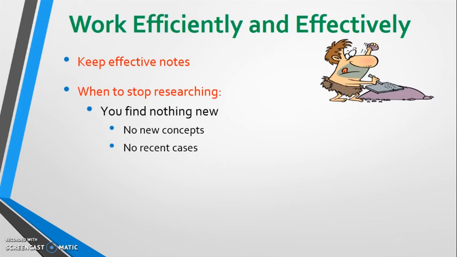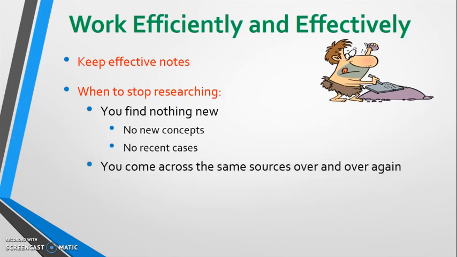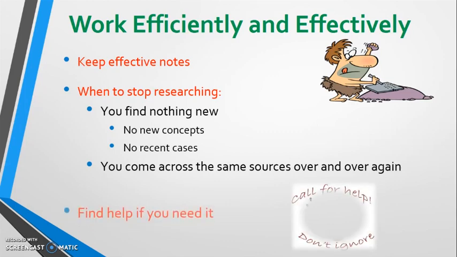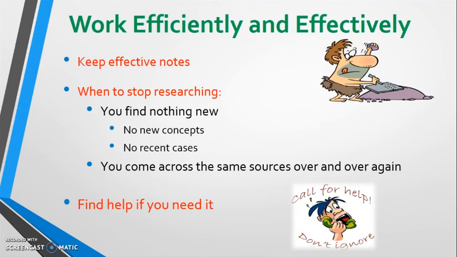The first rule of thumb is that you find nothing new. That is, you find no new concepts and no recent cases exist. The other rule of thumb is that you start seeing the same law over and over again. Lastly, remember to seek out help if you need it.